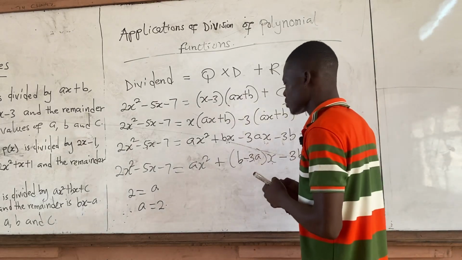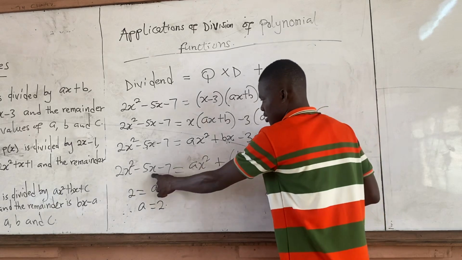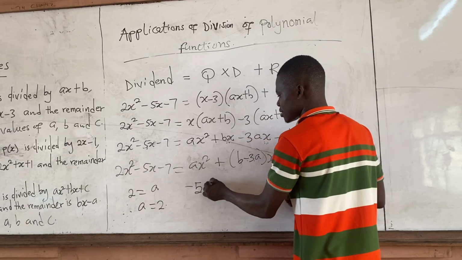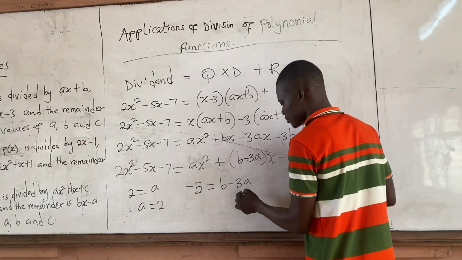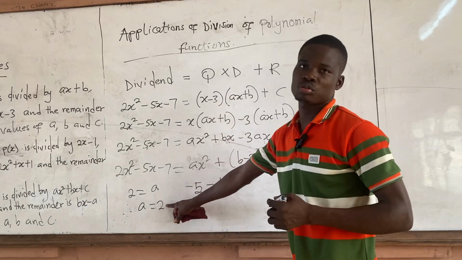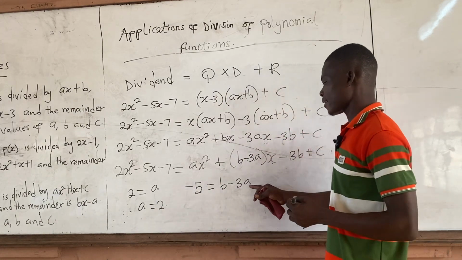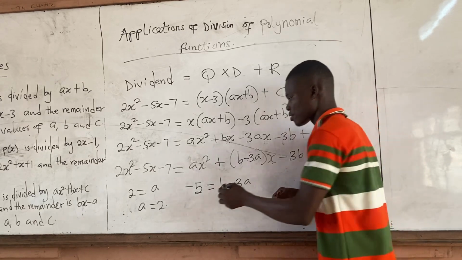Let's move on again. By comparison, here is x. Its coefficient is b minus 3a. Here is x. Its coefficient is minus 5. So their coefficients are the same: minus 5 equals b minus 3 times a. But a is 2. So since a is 2, where you see a in this equation, we have to put 2 there and solve.